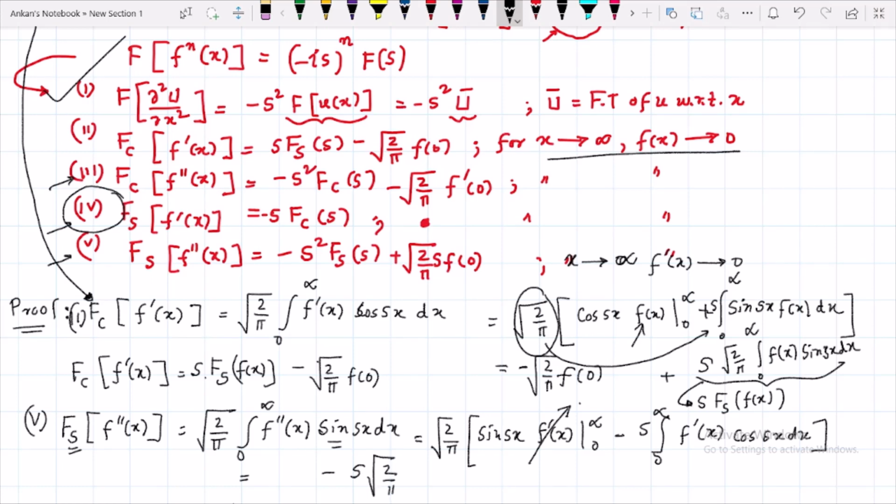Root 2 by pi, 0 to infinity, f prime x cos sx dx. What does it mean? It is the Fourier cosine transform of f prime x. So you can easily write minus s F_c of f prime x.